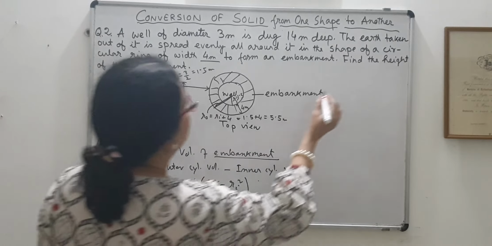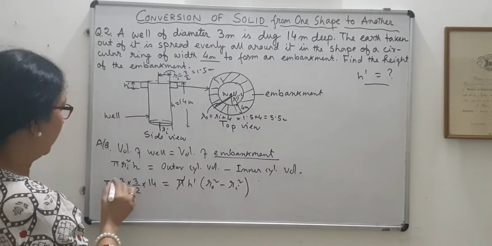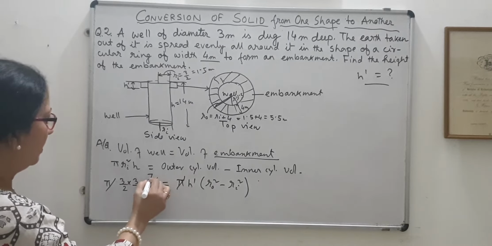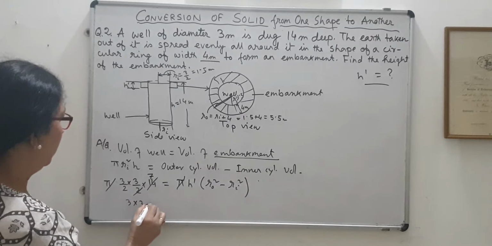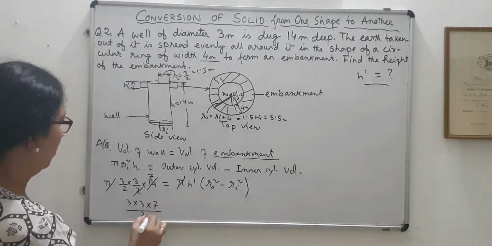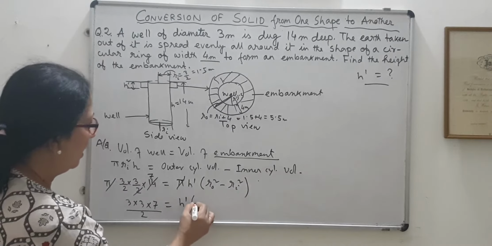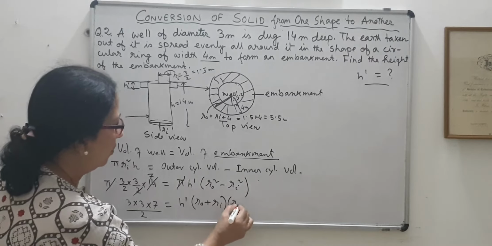Now what do you have to find? You have to find H dash. This is the question. So pi getting cancelled. Now let me write. It is 7. So 3 into 3 into 7 by 2, H dash, and I can use a plus b into a minus b. Ro plus Ri into Ro minus Ri.